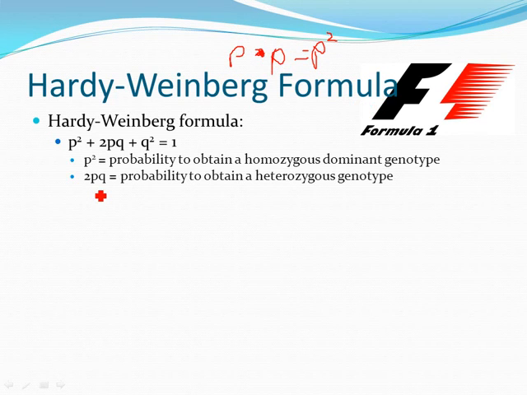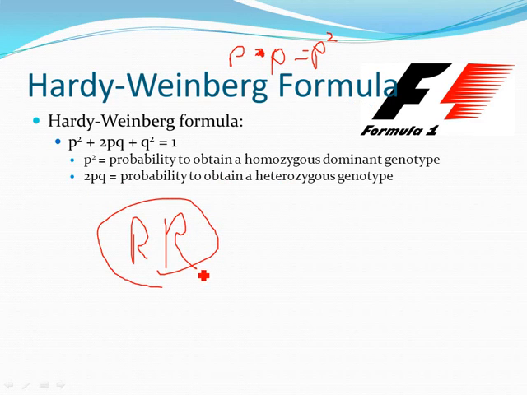When you have 2pq, this is the heterozygous probability. This is due to a couple of factors. What is this again? Homozygous dominant genotype, right? And here we have the heterozygous genotype. Very good. However, you'll notice that there are two ways of combining this.